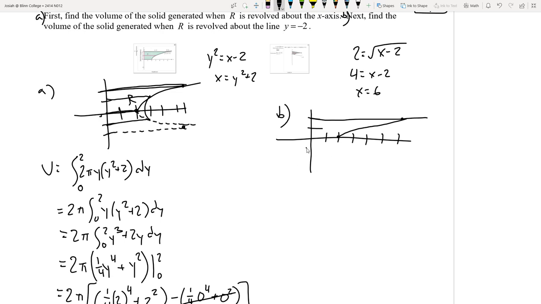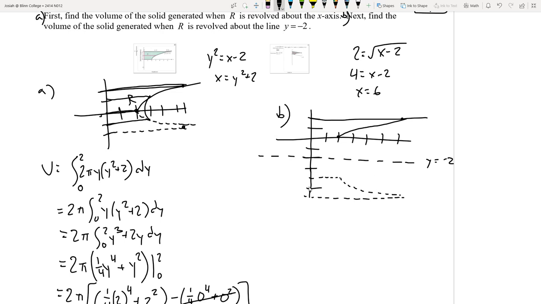Right, and now we're going around here, the line y equals -2. And so we are going to end up reflecting about that line. I'll go ahead and make my region here. Right, so there's my region reflected about this line.